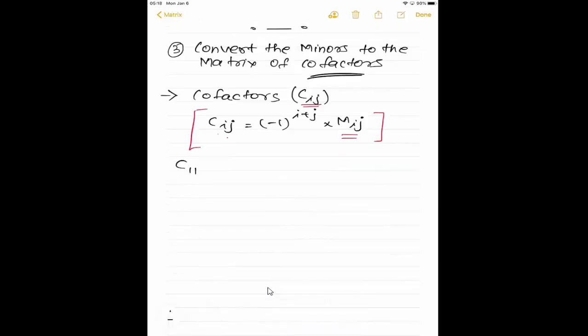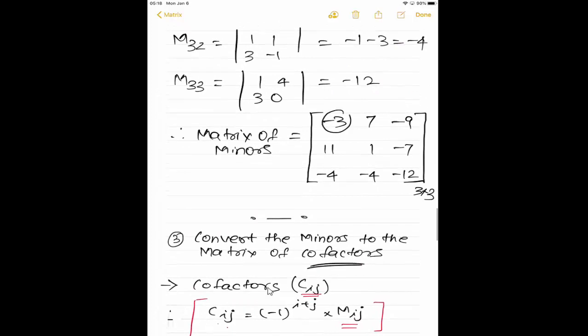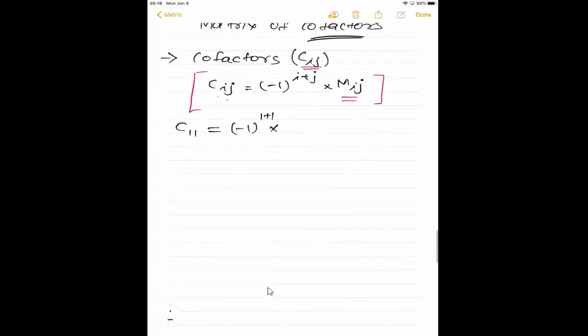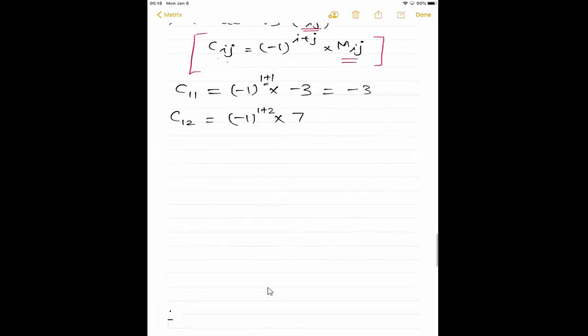Cofactor of first row first column is equal to minus 1 power 1 plus 1 into M of first row first column, which is minus 3. So minus 3. Then C of 1,2, first row second column, and its minor value is 7.